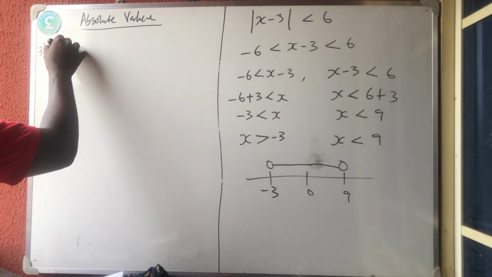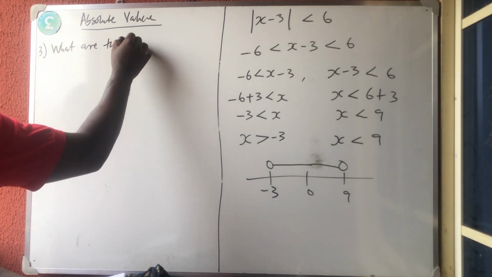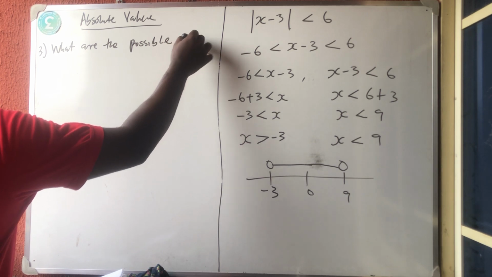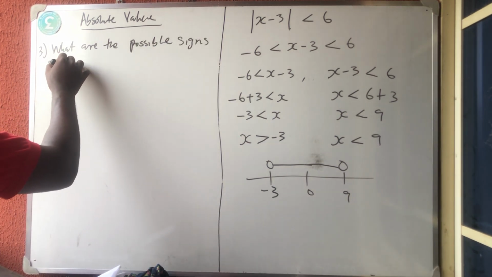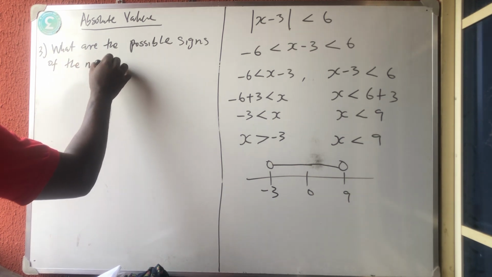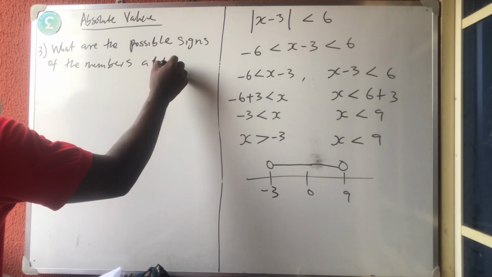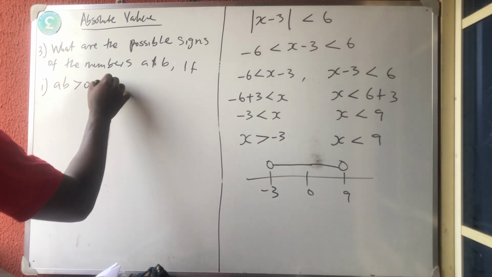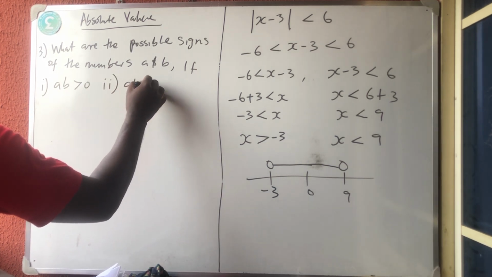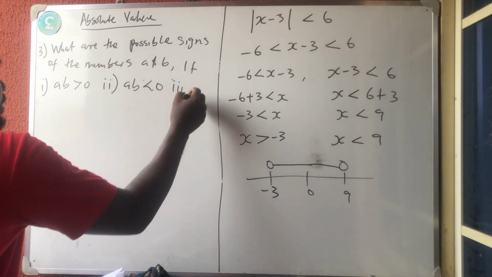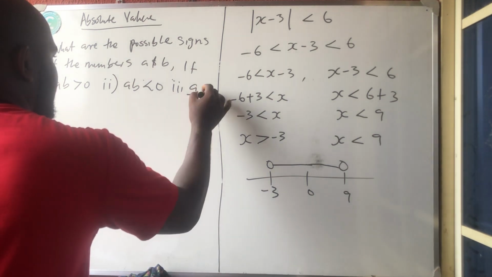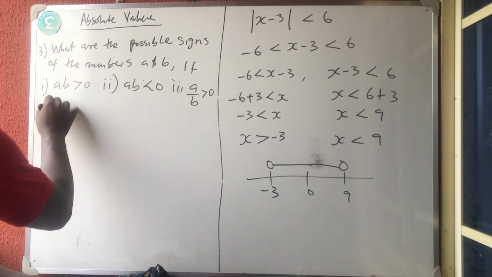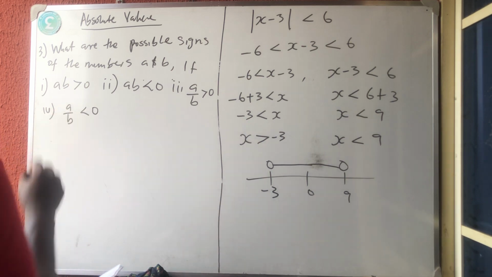The next question said, what are the possible signs of the numbers a and b if: i, ab is greater than 0; ii, ab is less than 0; iii, a over b is greater than 0; iv, a over b is less than 0. Okay.